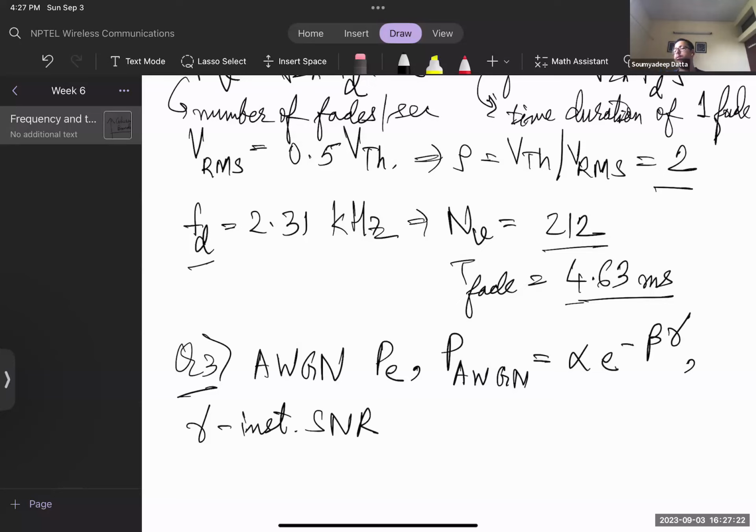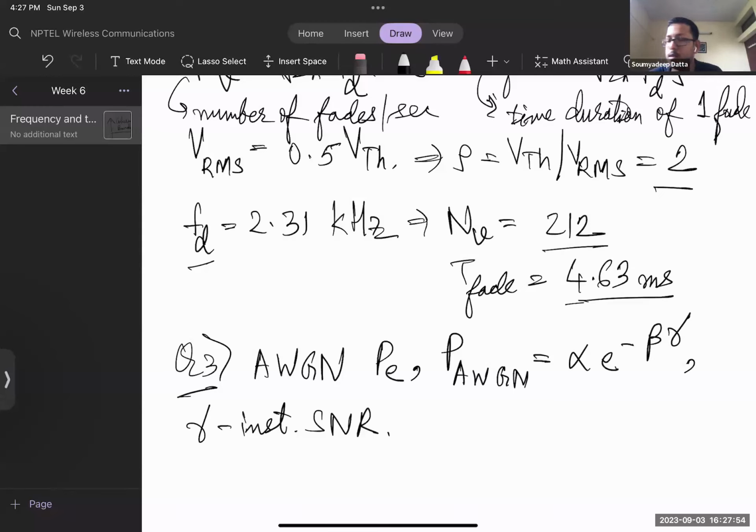So if gamma is the instantaneous SNR, then the probability that you will receive a symbol in error is alpha e to the power minus beta into gamma, where gamma is the instantaneous SNR. So this is the formula given to you for the AWGN channel, additive white Gaussian noise channel.